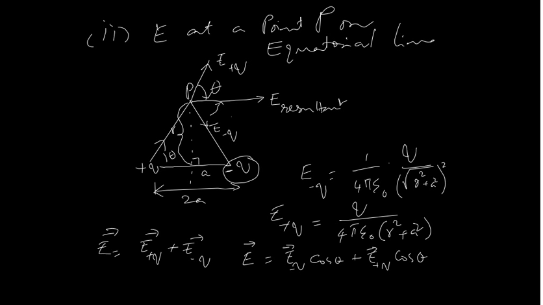If you look at that, 2a is nothing but the distance between them. If I have the distance between both, the total electric field is opposite to P. What is this opposite to P? P is the dipole moment. Whichever direction the dipole moment has, it will be opposite to that. So we got the expression already. That's the final expression.